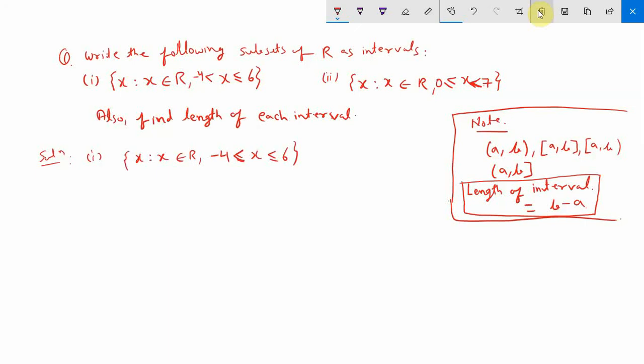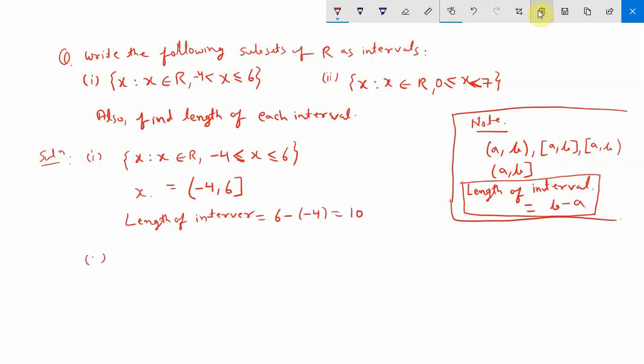We can write this in interval form: at minus 4 it is open, and at 6 it is closed, so x belongs to (-4, 6]. The length of the interval equals b minus a, so 6 minus of minus 4 equals 10.